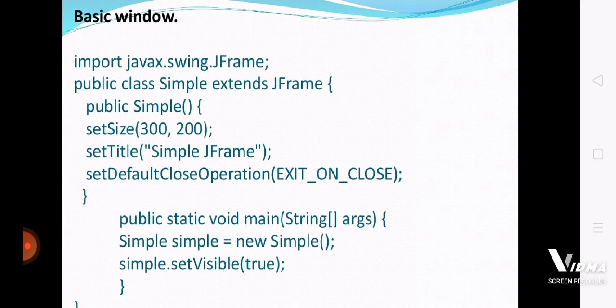Now within this class we have defined a method Simple, and within this method we have set the size of the JFrame, which is 300 by 200, and we have also declared the title by using the setTitle method. If you want to set the size, you will use the setSize method. If you want to set the title of the frame, you will use setTitle. So the title is Simple JFrame.